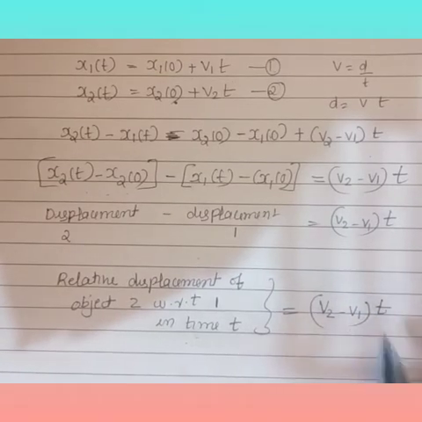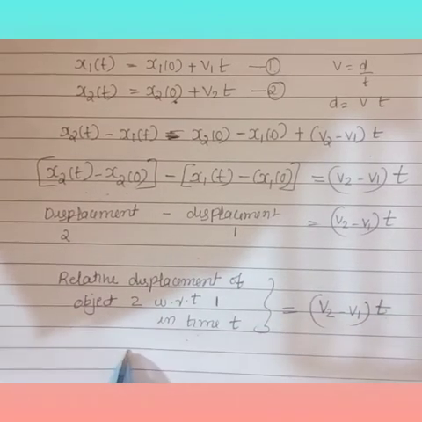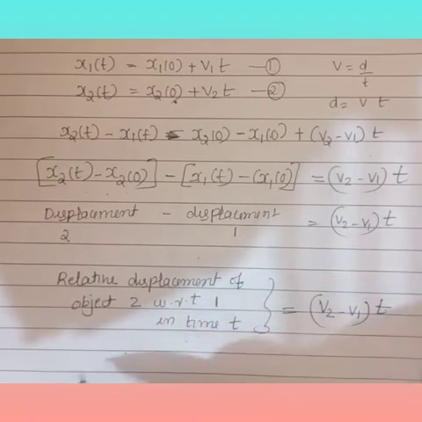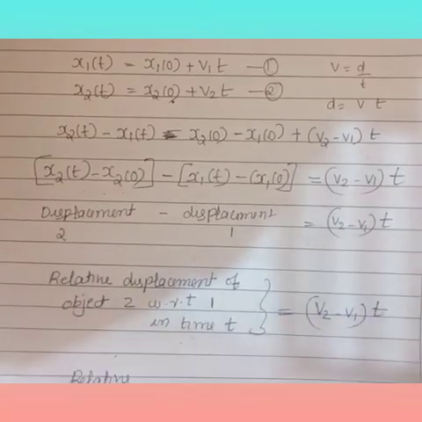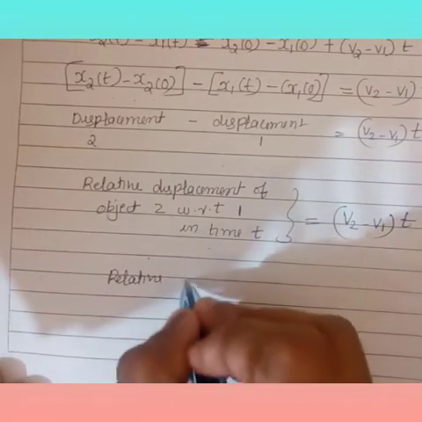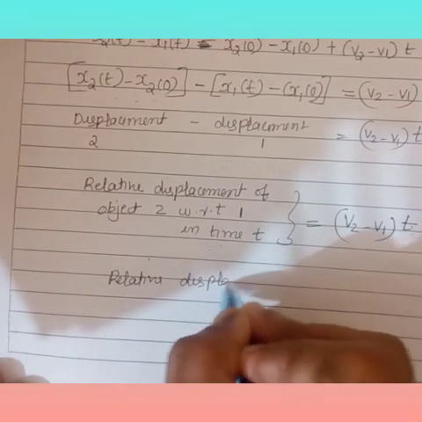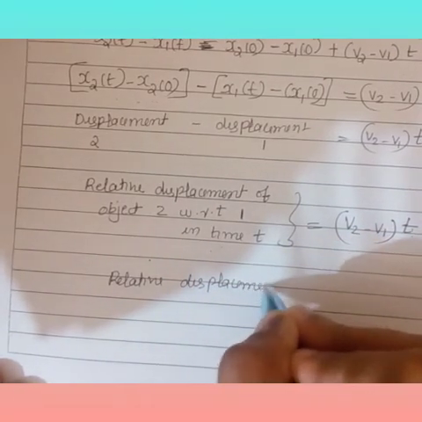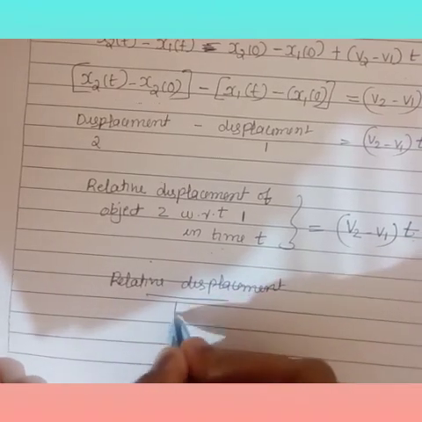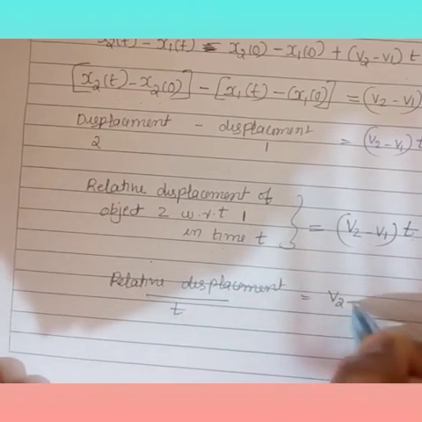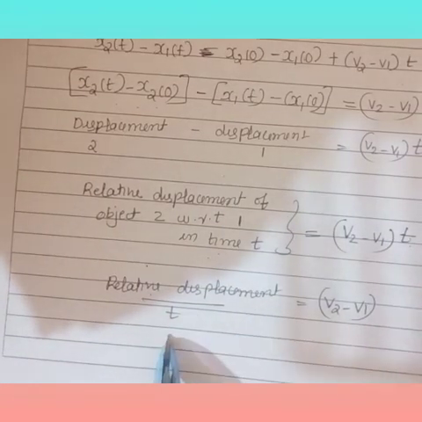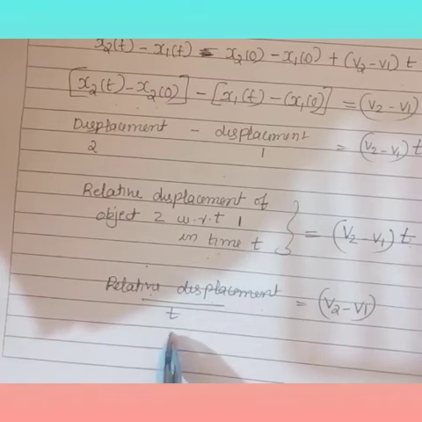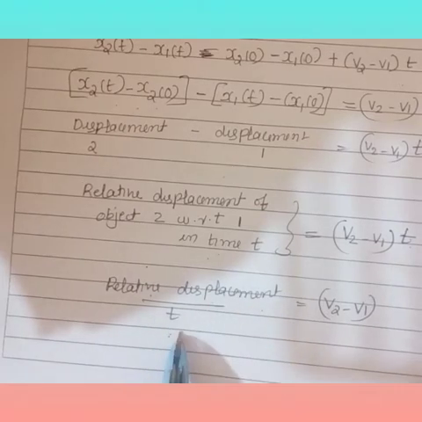Then you have to take t to the LHS, so you have to divide it. Relative displacement divided by time is equal to v2 minus v1. Displacement divided by time means velocity, so this is a relative velocity.